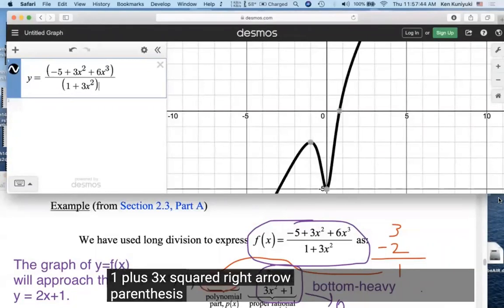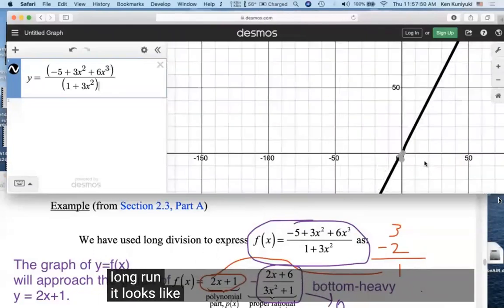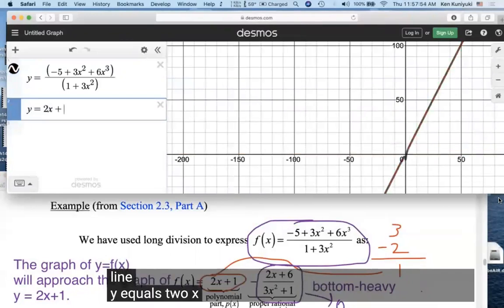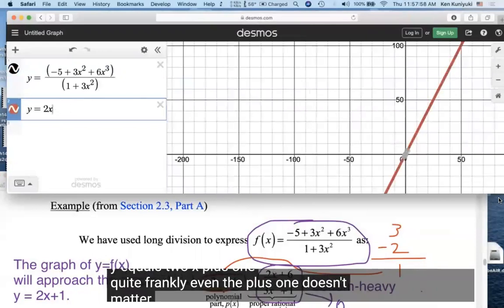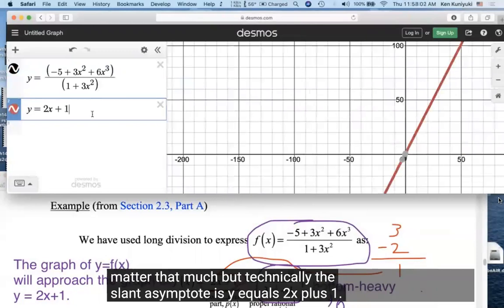So is this graph in black? In the long run, it looks like a line, specifically the line y equals 2x plus 1. Quite frankly, even the plus 1 doesn't matter that much. But technically, the slant asymptote is y equals 2x plus 1.